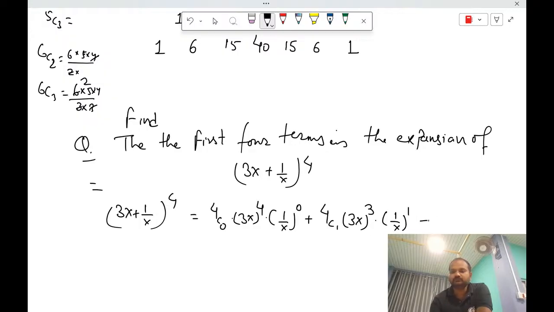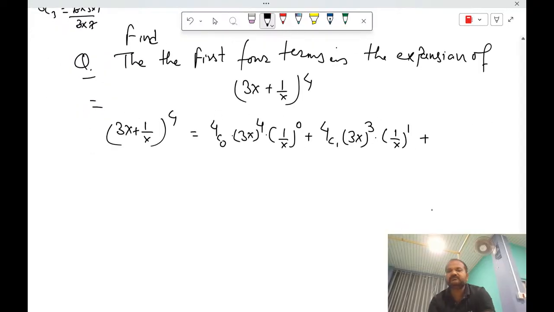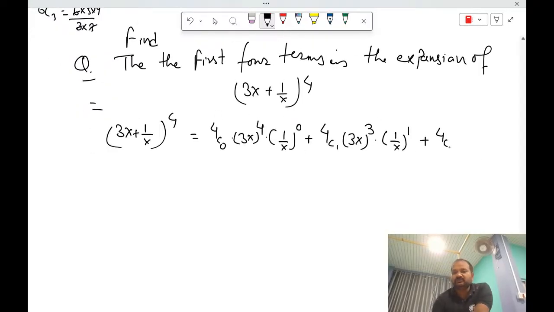Now the third term will be 4c2, 3x to the power 2 and 1 by x to the power 2. We have to find only the first four terms, so the fourth is 4c3, 3x to the power 1 into 1 by x to the power 3.